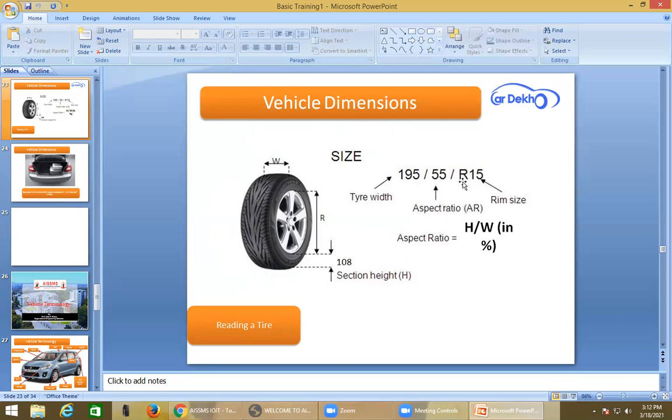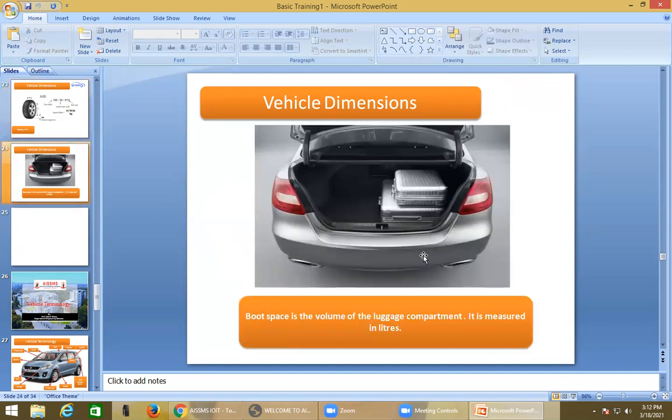And the third, R, stands for radial, and 15 is the rim size. So here the rim size is 15. So aspect ratio is the ratio of section height divided by tire width. So this is how we can read the tire.